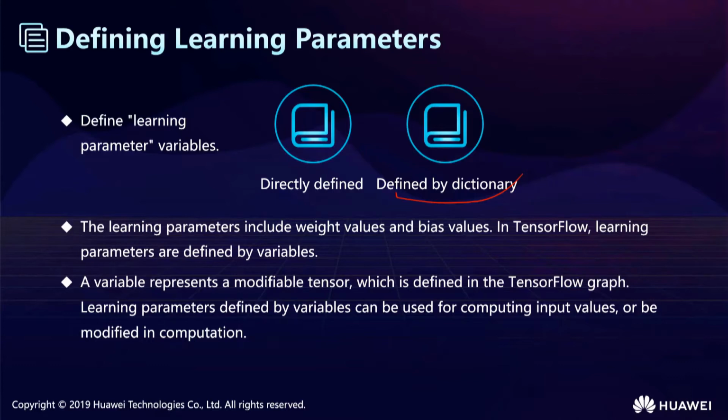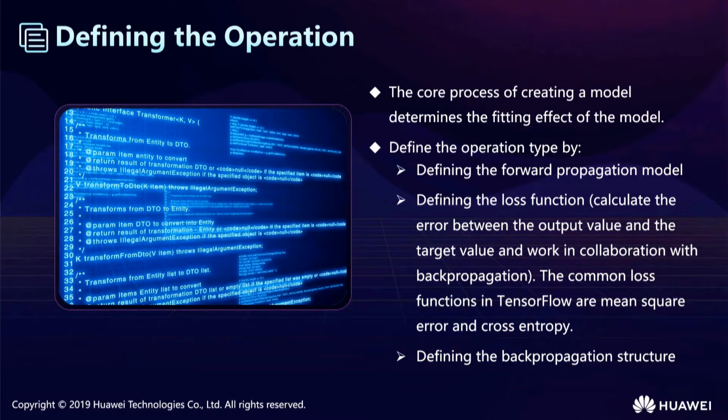Next, the core step is defining the operation. Defining operations is a core process to build a model. That means the fitting function, and we need to define three types of operations: defining the forward propagation model, defining the loss function, and also defining the backpropagation structure.